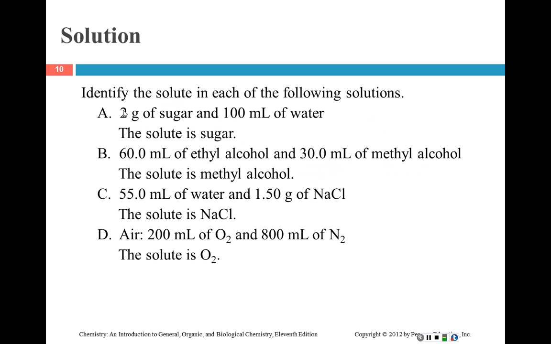So we already said the 2 grams is the solute. The methyl alcohol is the solute in the second one. The solute 1.5 grams in 55 milliliters would be the salt. And then between the 200 milliliters of oxygen and 800 milliliters of nitrogen, the solute is going to be oxygen.